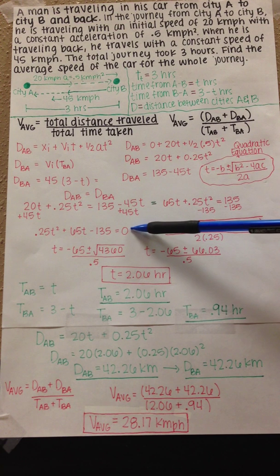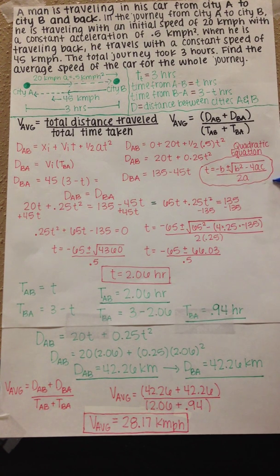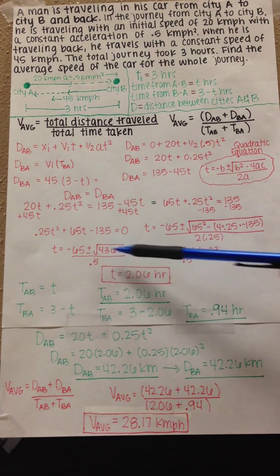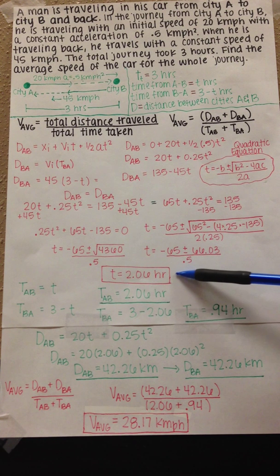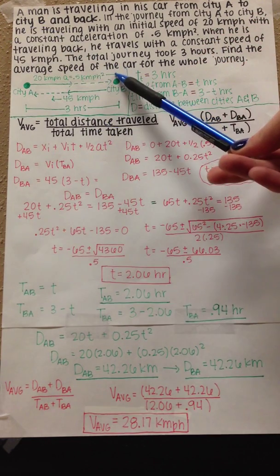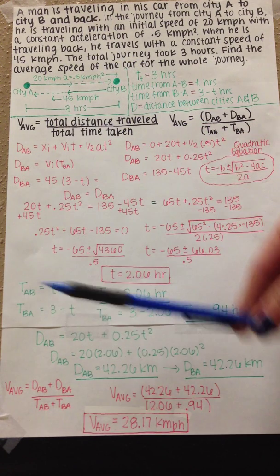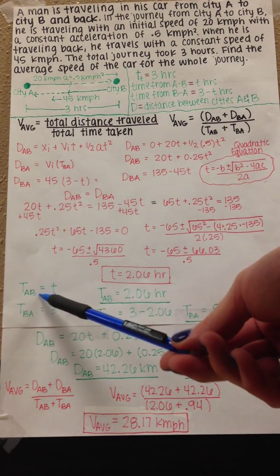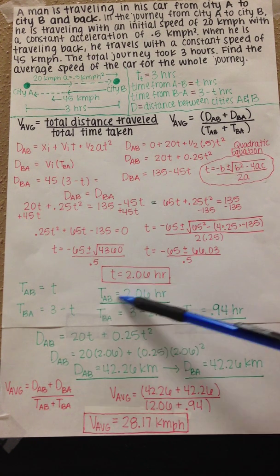Since this is a quadratic equation, you have to use the quadratic formula to solve for t. Once you plug in all your values and solve it, you get that t equals 2.06 hours. So you know that it took 2.06 hours to get from city A to city B. The time from A to B is just t, so that's 2.06 hours.